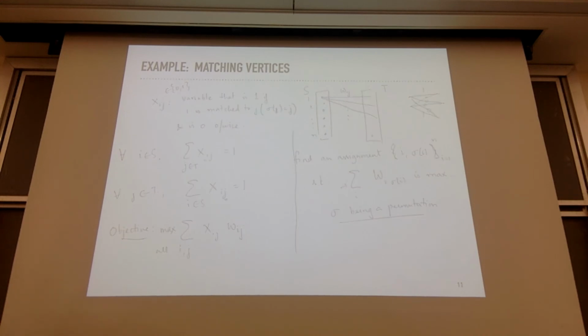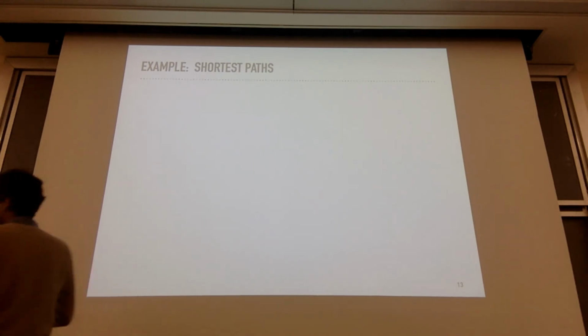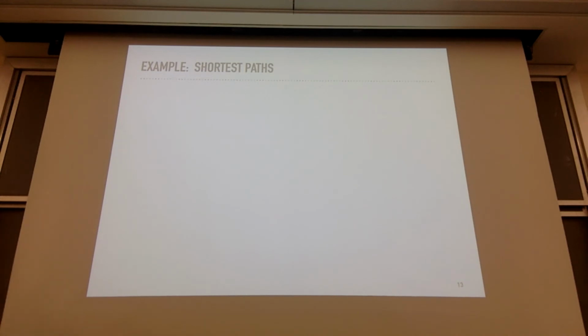Sometimes you may not have a clean way of formulating a problem, so let's take shortest path. We know and love shortest path, and we can all solve the problem effectively. But suppose I wanted to phrase it as an optimization. What variables would you choose and what constraints would you have?